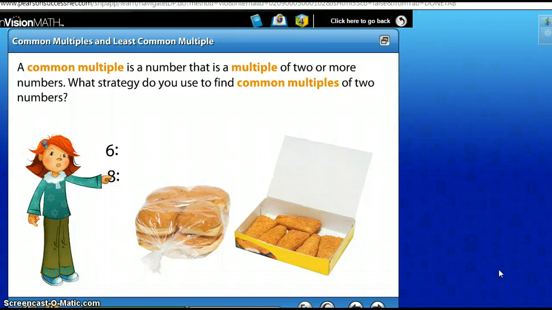Ellie, when you multiply two factors, then you're going to get your multiples. So multiples of 6 are 6 times 1, 6 times 2, 6 times 3, and so on. Counting by 6s, that would be your multiples of 6. So if you count by 6 to get multiples of 6, what are you going to count by to get multiples of 8? Austin? You count by 8s.